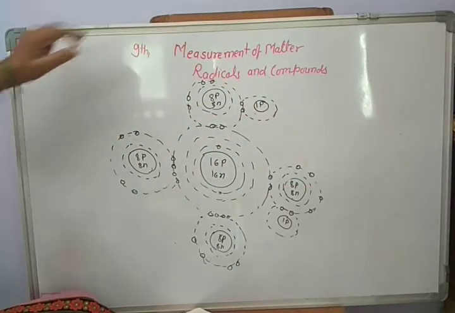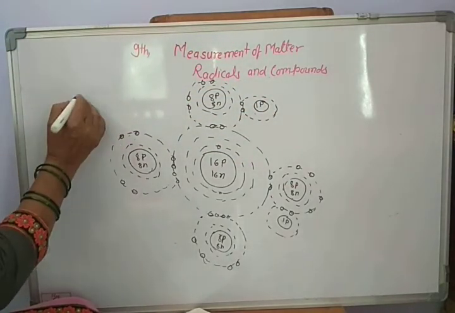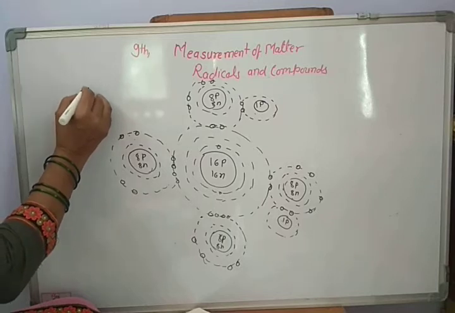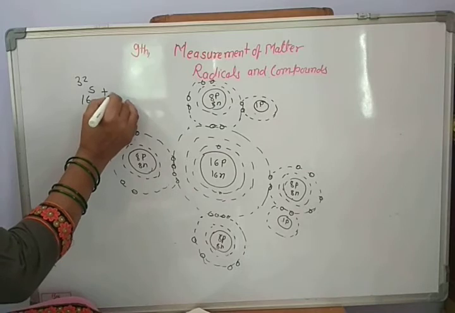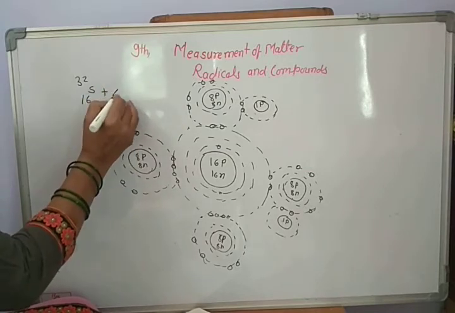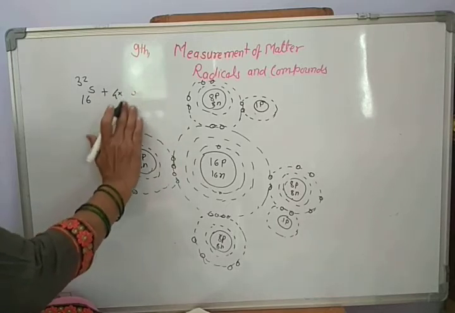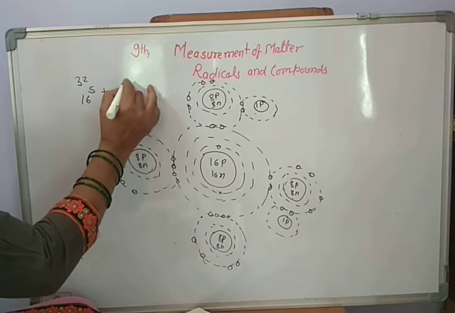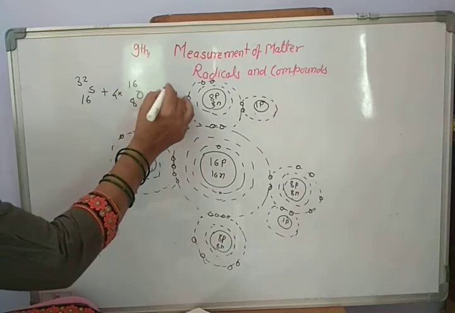You can see that 16S32 plus twice O2, that is 4 into 8, oxygen O16, plus 2 1H1.